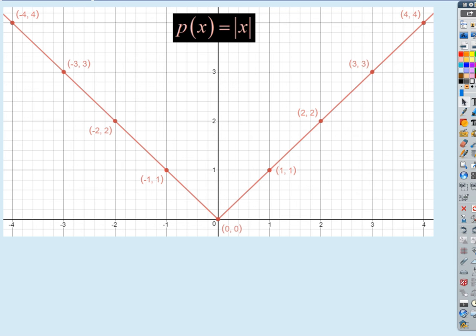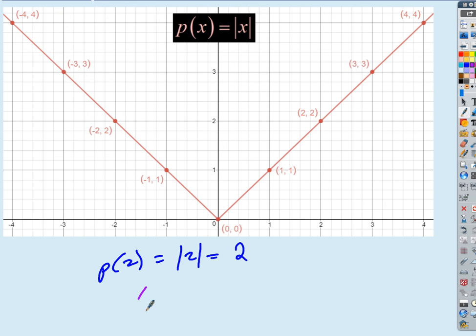So if I input a value of x equals 2, if I'm inputting 2 into the function, the way we would write that, if my function is p of x equals the absolute value of x, then that's how I would say I specifically want to input an x value of 2, right? Say p of 2. Well, what's p of 2 equal to? It's equal to the absolute value of 2, which is what? What's the absolute value of positive 2? 2, okay? So that tells me then that I've got an ordered pair there.